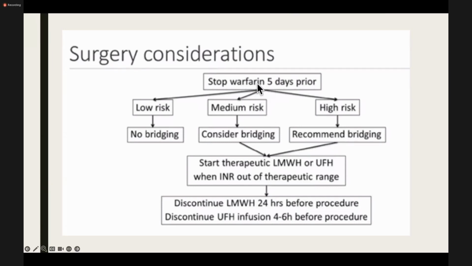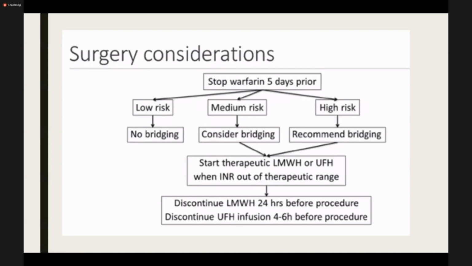If you want to stop warfarin and bridge it with heparin, what you have to do is stop the warfarin 5 days prior to surgery. Once you stop it 5 days prior to surgery, 3 days later, you're going to start low molecular weight heparin. 3 days later, remember that.